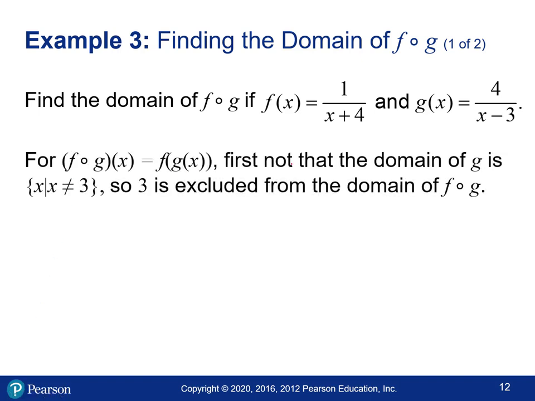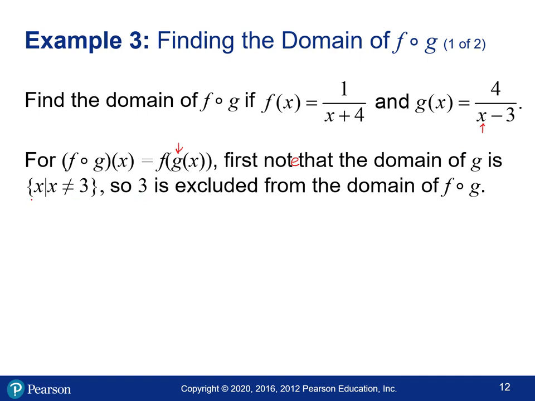And so, first note that the domain of G, the one that's getting plugged in, so notice G is the inside function. That domain is all real numbers except 3. We cannot plug in 3 in this function because it would be undefined. It would be dividing by 0.